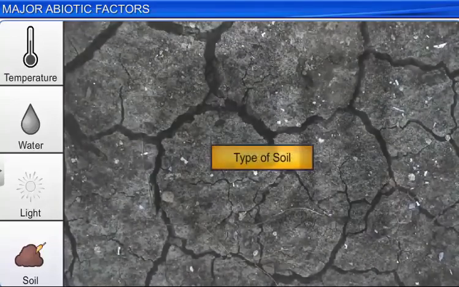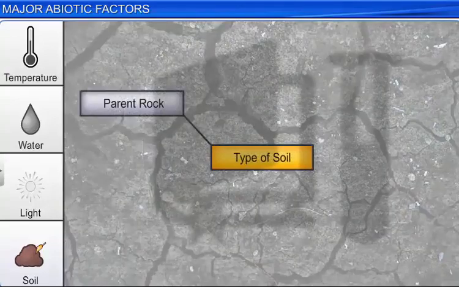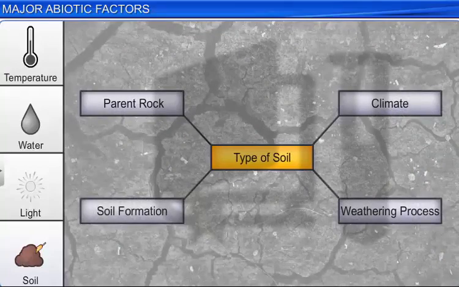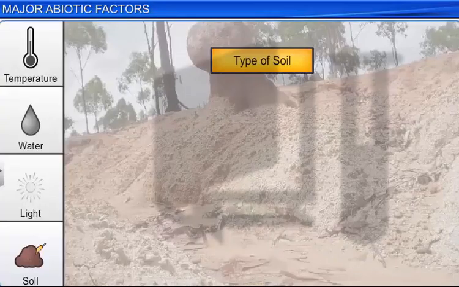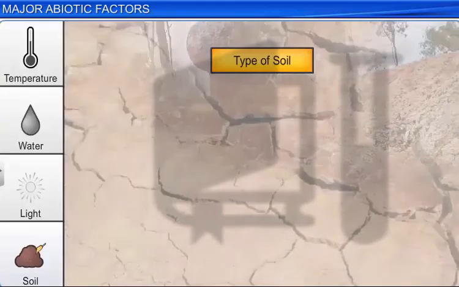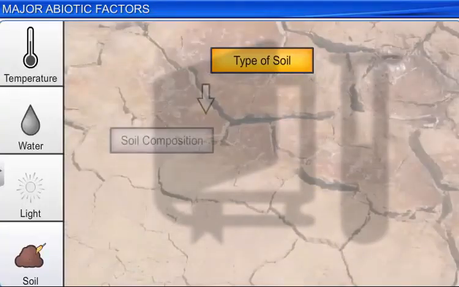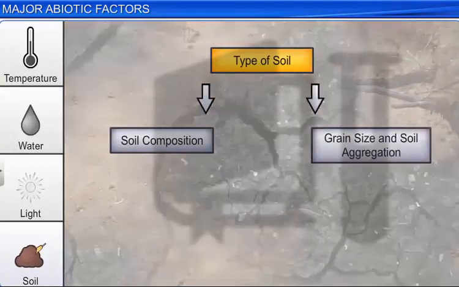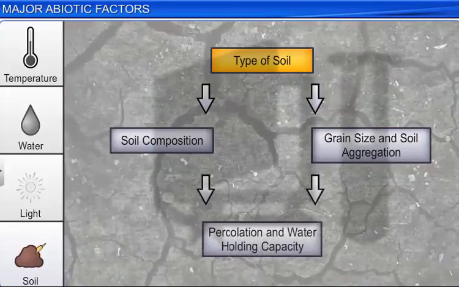The type of soil depends on the parent rock, climate, weathering process, how the soil is formed, and whether the soil is transported or sedimentary. Apart from these factors, various soil characteristics such as its composition, grain size, and soil aggregation determine its percolation and capacity to hold water.